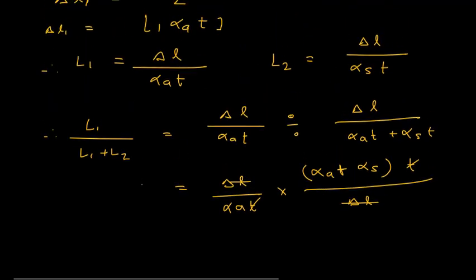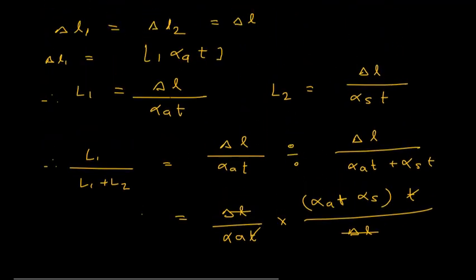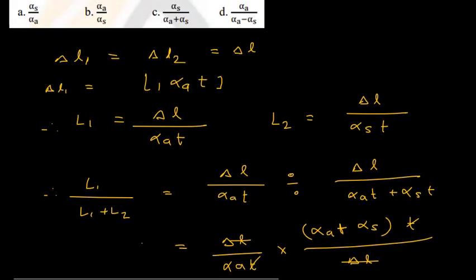again we have made some mistake. What we are doing: delta L, the change in length, upon L1 is alpha into T. So L1 is equal to delta L upon alpha into T. So the formula is correct, but it is not matching.